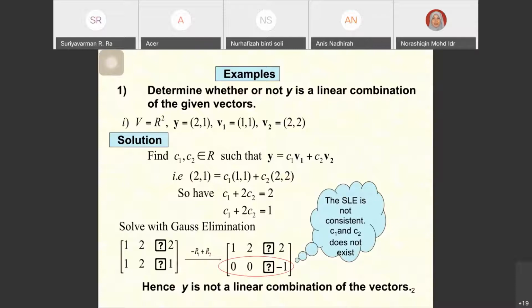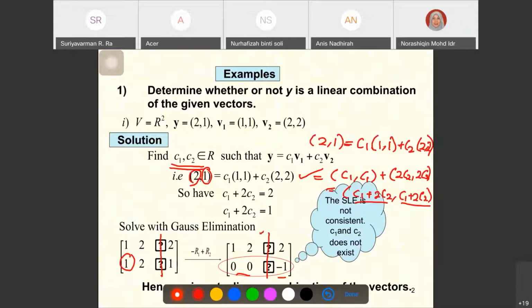Any question here before you do number 2? Can you explain why the system of linear equations is not consistent? If you solve this, we have C1 plus 2C2 equal to 2.